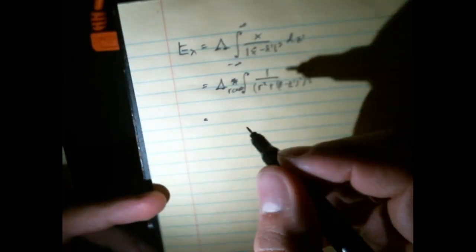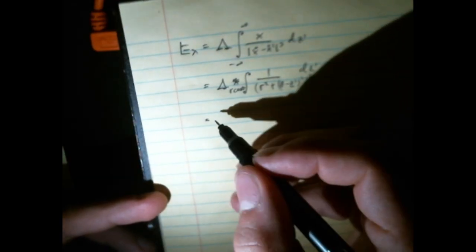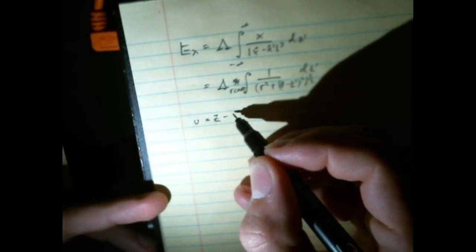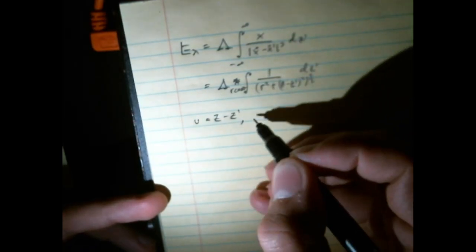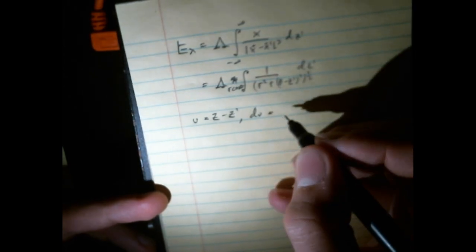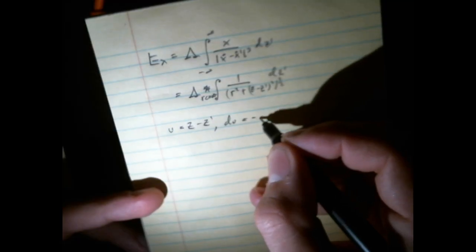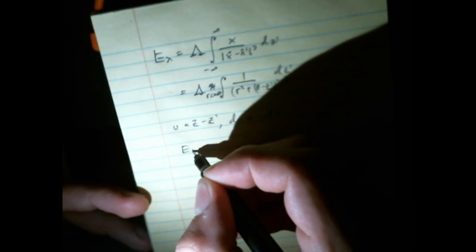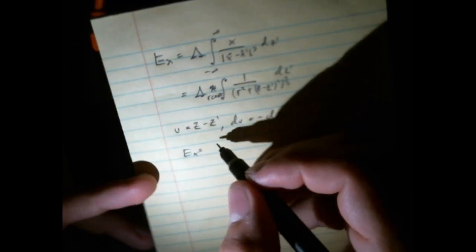Okay. Then we can say that u is equal to z minus z prime, which gives us that du is equal to minus dz prime.